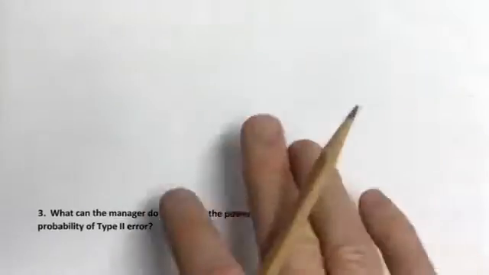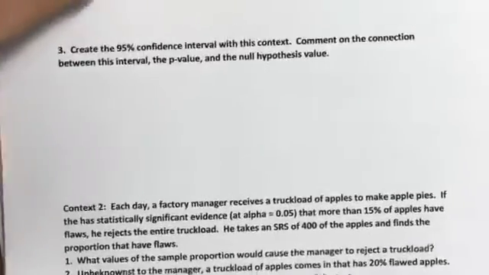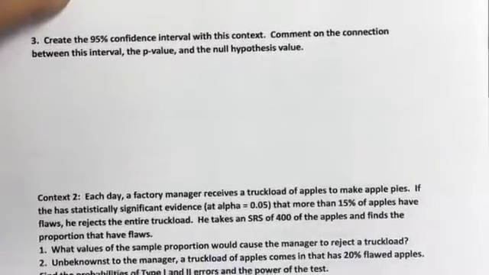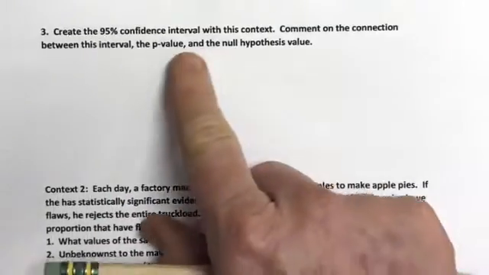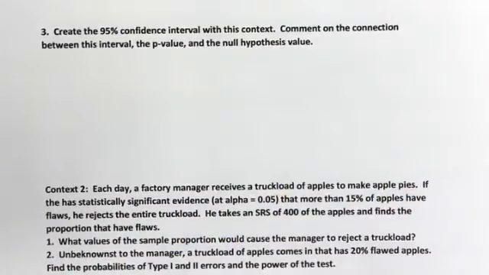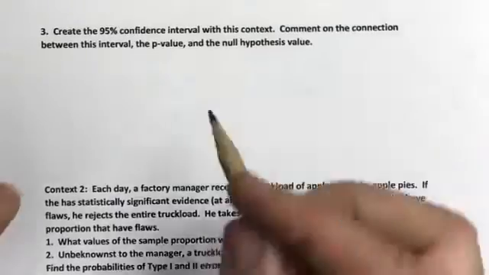All right, so the next thing is this. The next thing we have to do on the second page is to create a 95% confidence interval with this context and comment on the connection between the interval, the p-value, and the null hypothesis value. Well, let's create a 95% confidence interval.